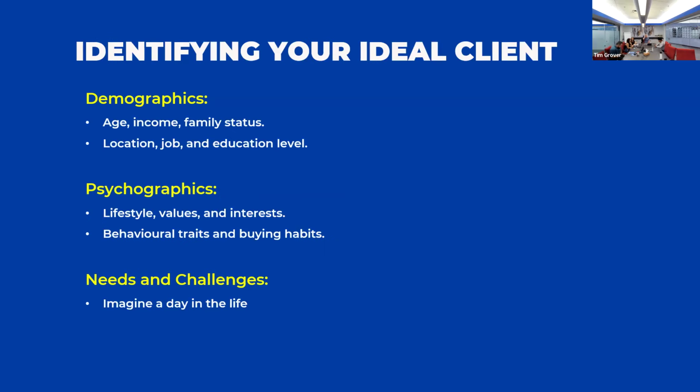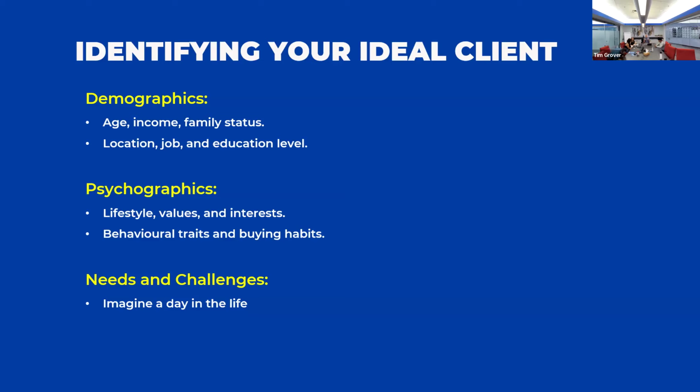One of the things you can do is start to think about your ideal client in a real way. Think about people and what they do during the day. Visualize literally what your ideal client does, morning, noon, night, what they look like, where they work. Don't just focus on age, income, family status.